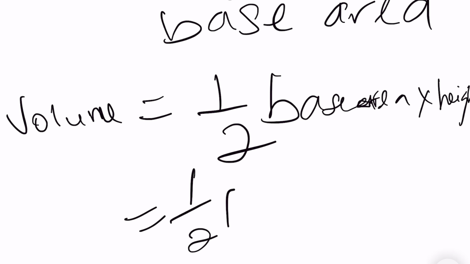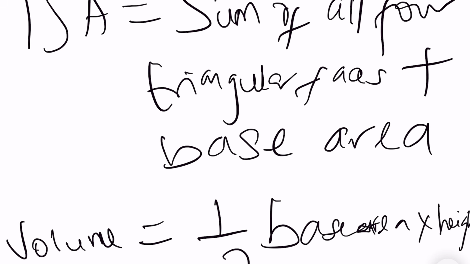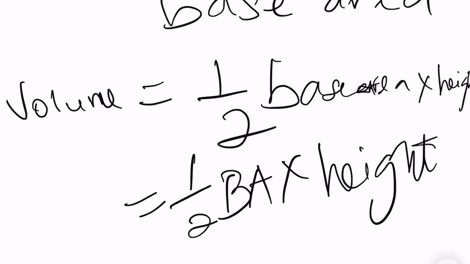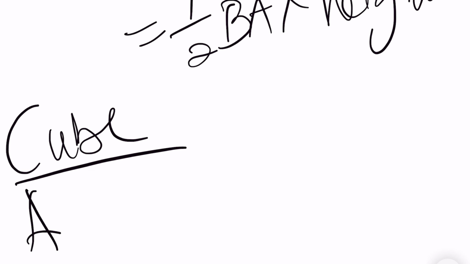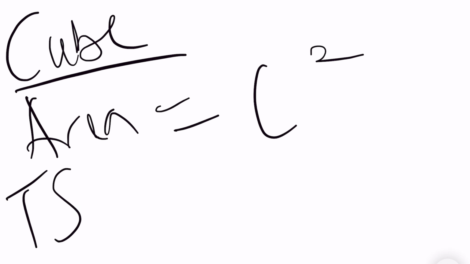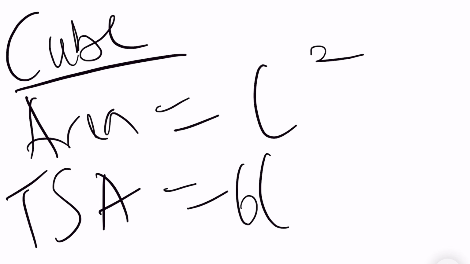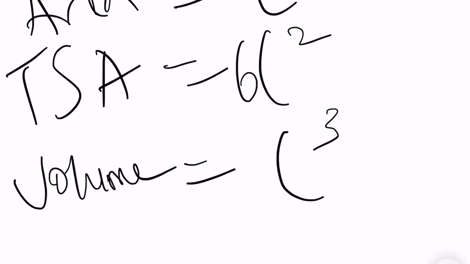And the last one is the cube. We have the area to be L squared, the total surface area to be 6L squared, and the volume to be L cubed.